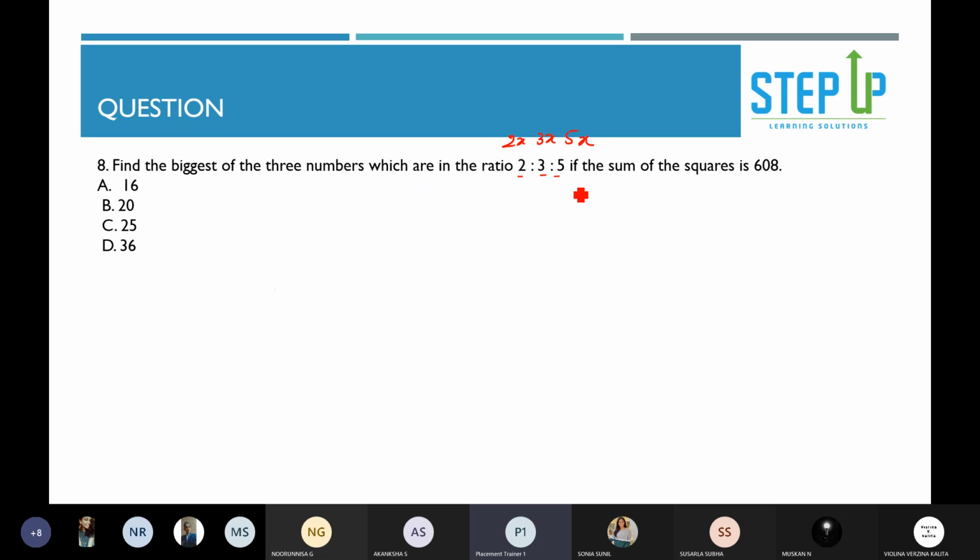But what if they are saying the sum of the squares? So this square, this square, this square becomes 4x square plus 9x square plus 25x square is equal to 608.